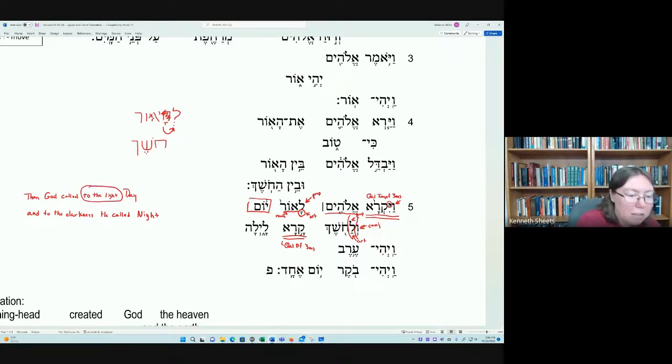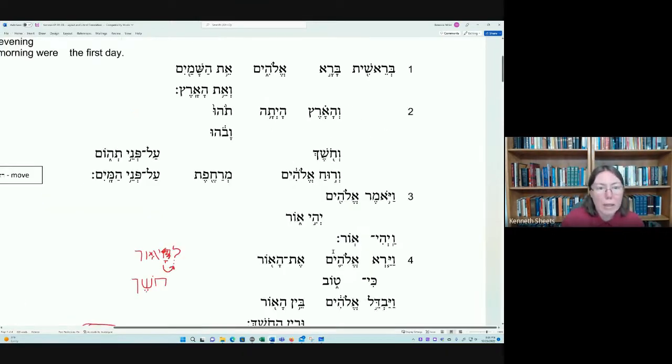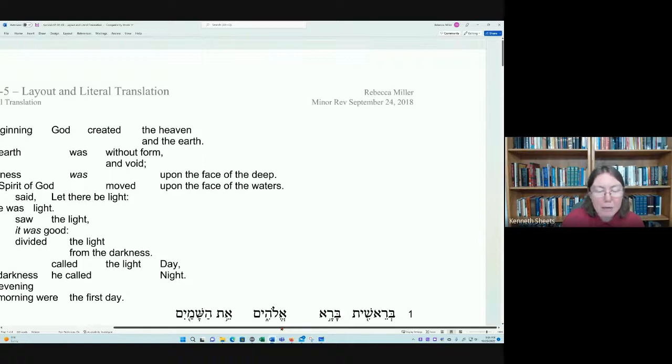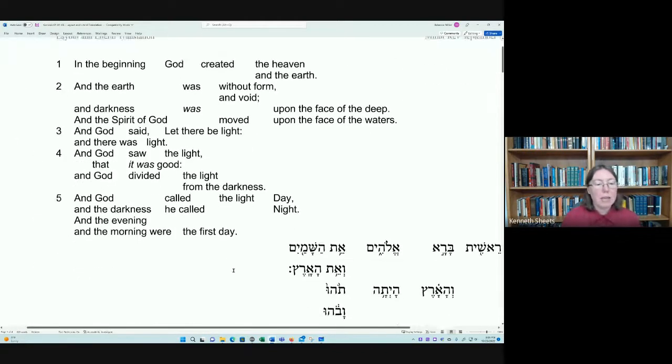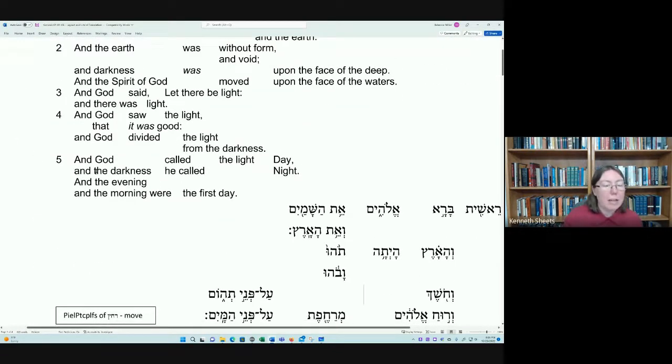Why is it that the Hebrew text reads, God called to the light day, and he called to the darkness night, when, if we come back up here to the English text, we read, and God called the light day, and the darkness he called night? In other words, in English we treat both of those as objects instead of a prepositional phrase.